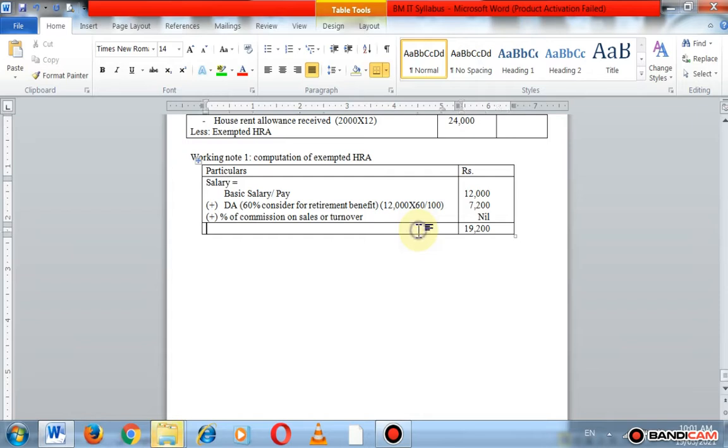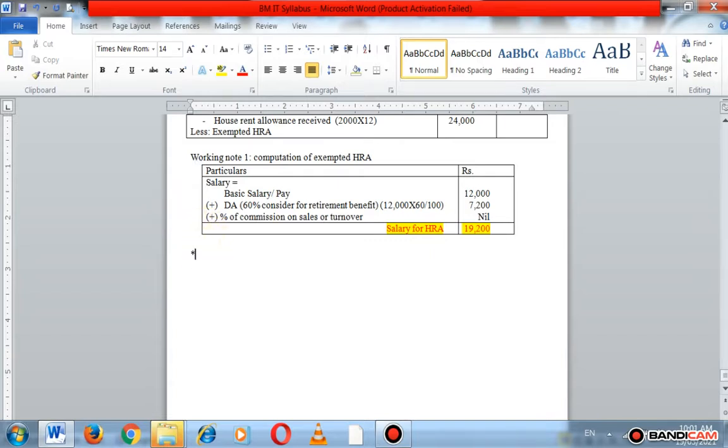So 19,200 is the salary for HRA. Got it? Salary for HRA is rupees 19,200. Now we compute the exempted HRA.